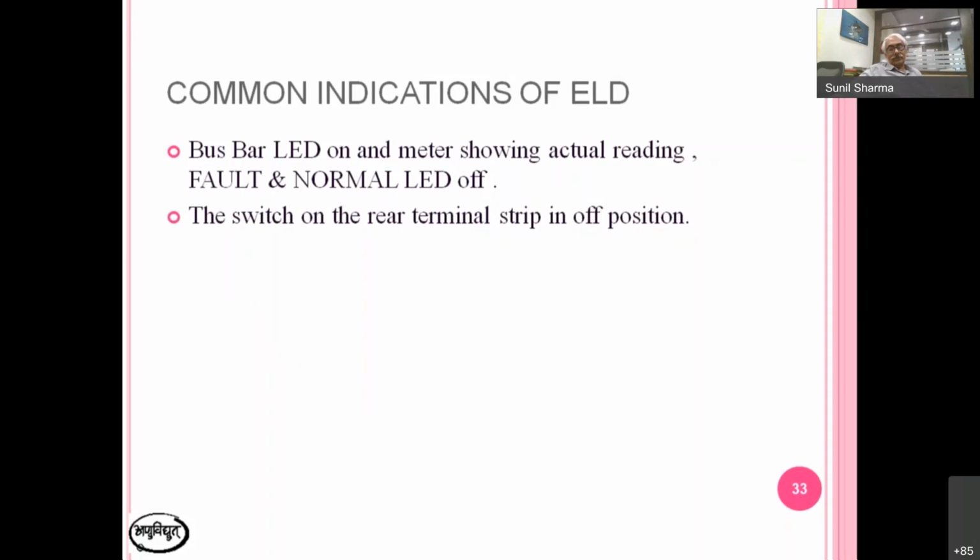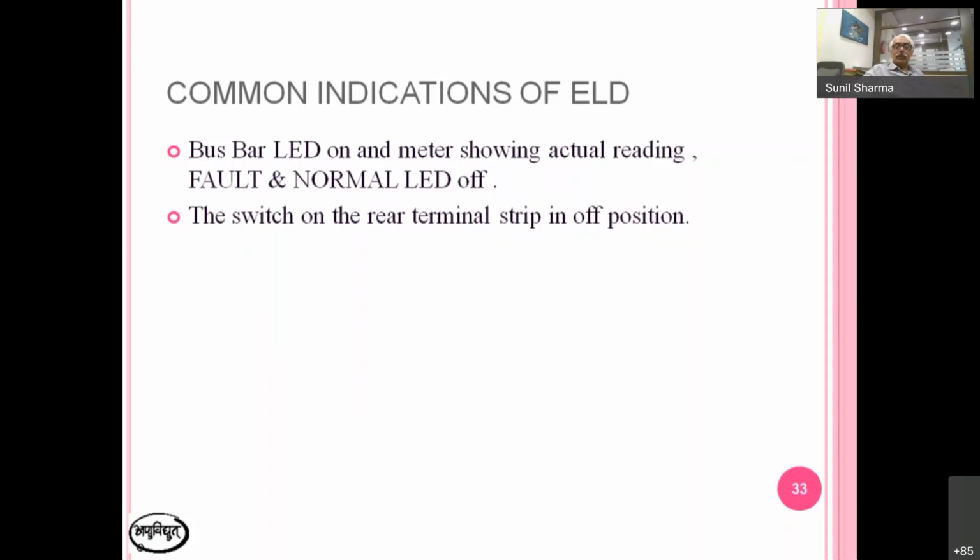Common indications of ELD, more common indications. Suppose the bus bar light is on, the meter is showing the actual reading, and the fault and normal LEDs are off. This is the case. As I showed, one LED should be on, but both are on.